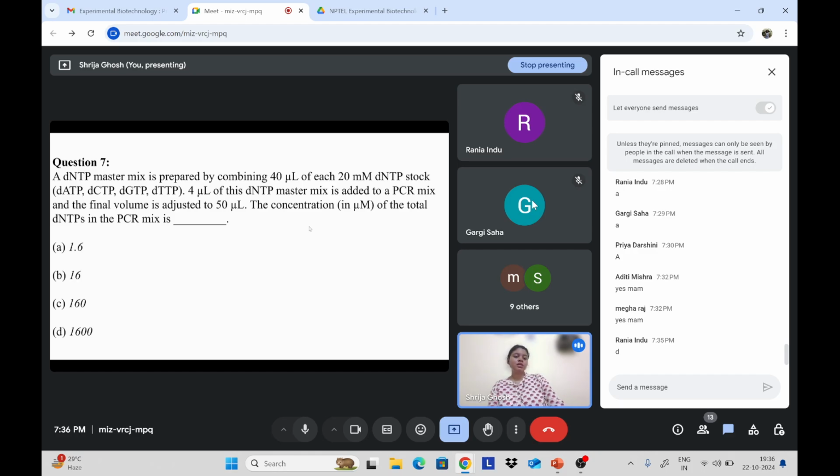Okay, we have one answer from Rania saying option D. Okay, Aditi says 160. Anyone else?